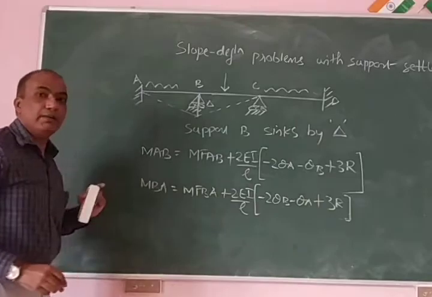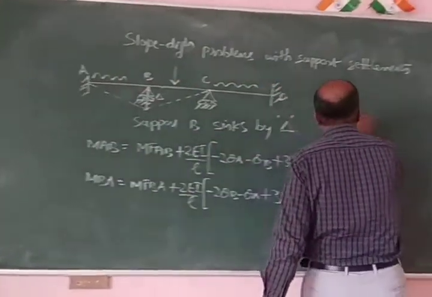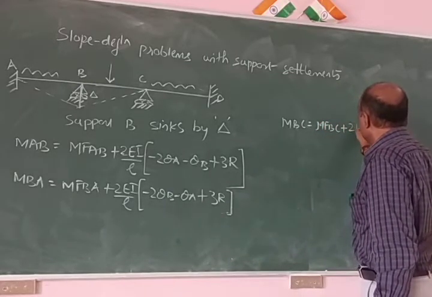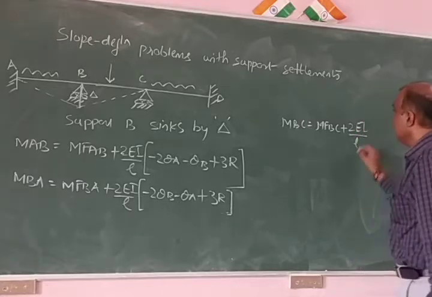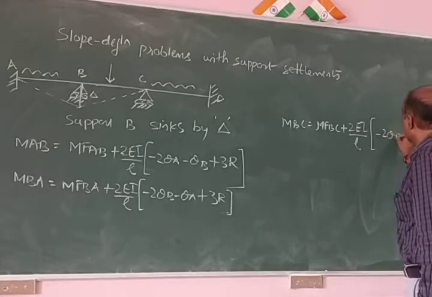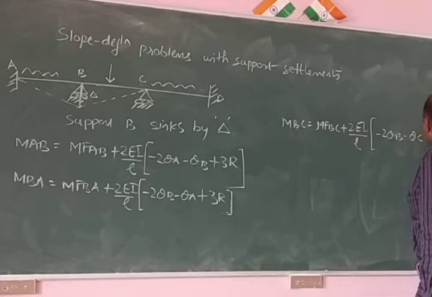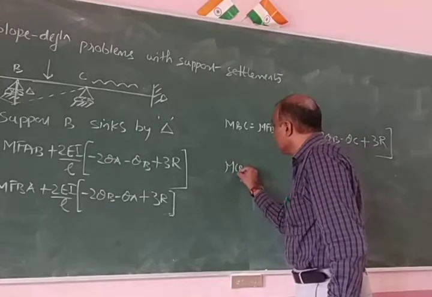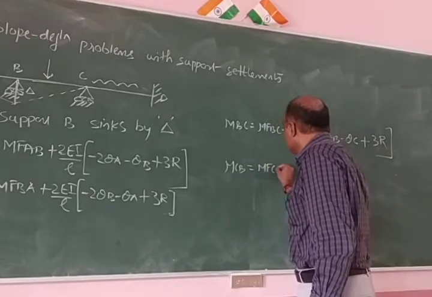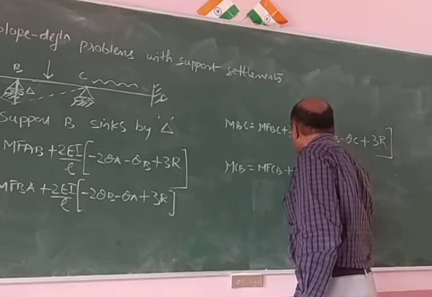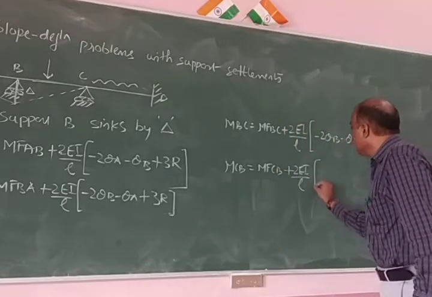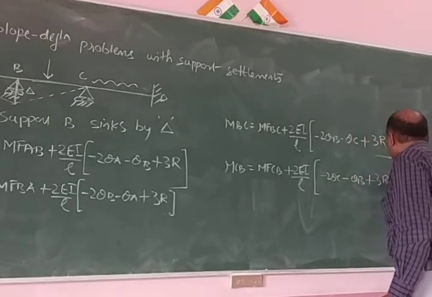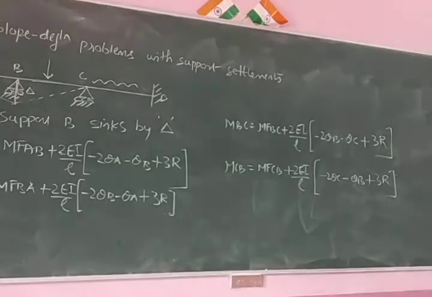This is MAB and MBA. And then MBC is equal to MFBC plus 2EI upon L into bracket 2 theta B plus theta C minus 3R. MCB is equal to MFCB plus 2EI upon L into bracket 2 theta C plus theta B minus 3R. Again, this is MBC and MCB.